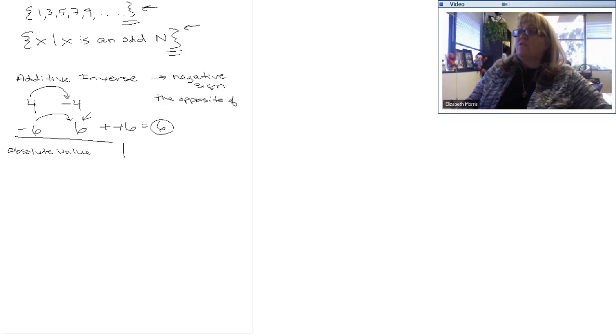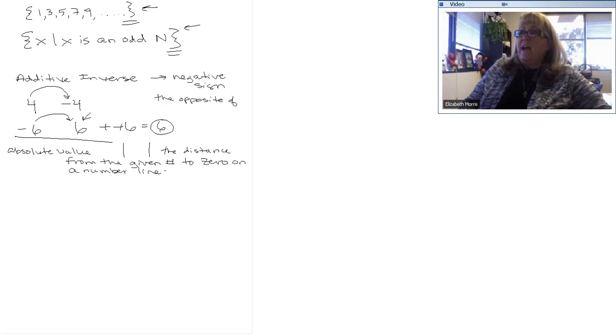Absolute value are these straight lines. Okay? Absolute value is the distance from the given number to 0 on a number line. That's the actual definition.